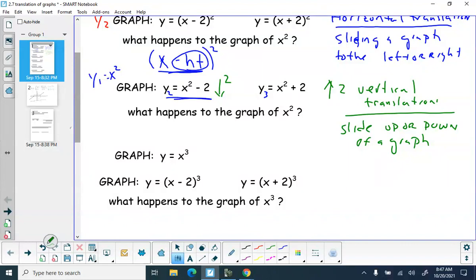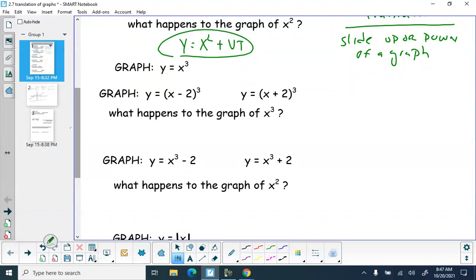The vertical translation is the value that's being added or subtracted. So we have y equals our x squared plus our vertical translation. If I'm going down 2, I'm subtracting off 2. If I'm going up 2, I'm adding 2. So it's opposite to the horizontal translation, where we have a negative sign in there.